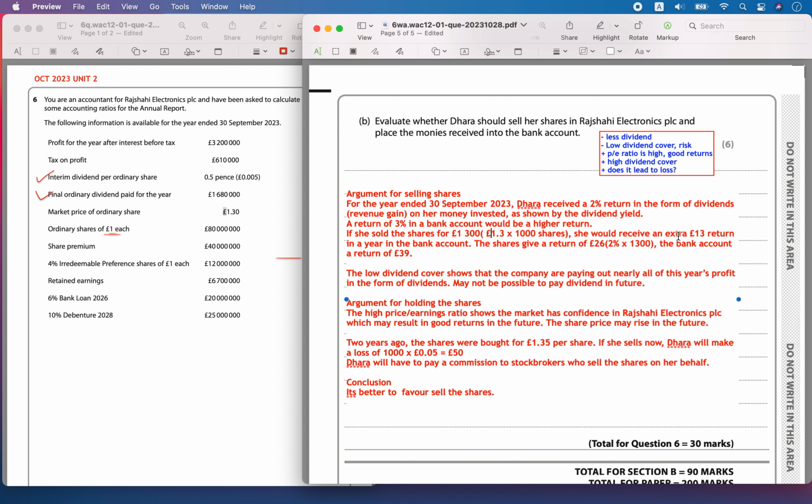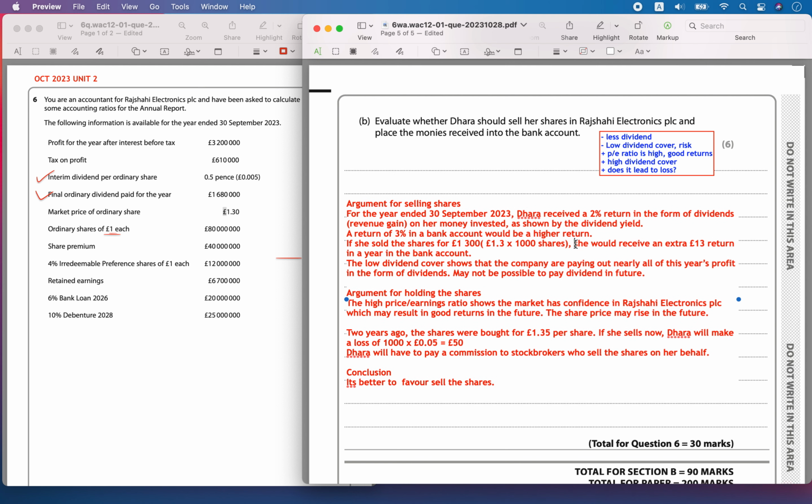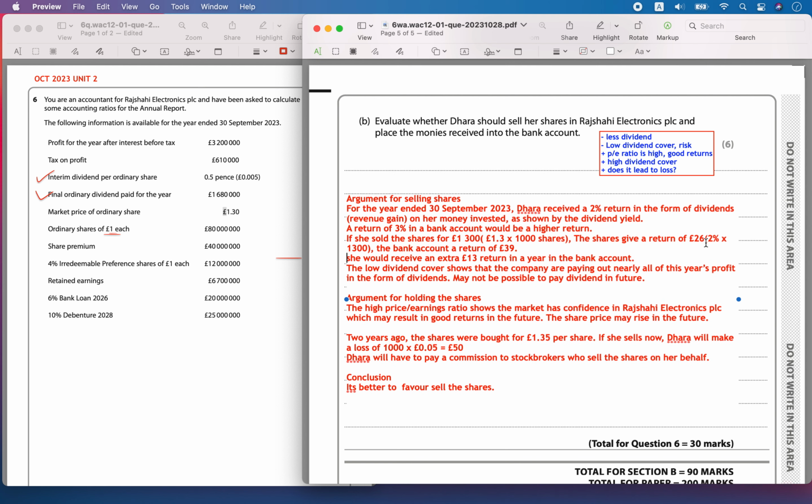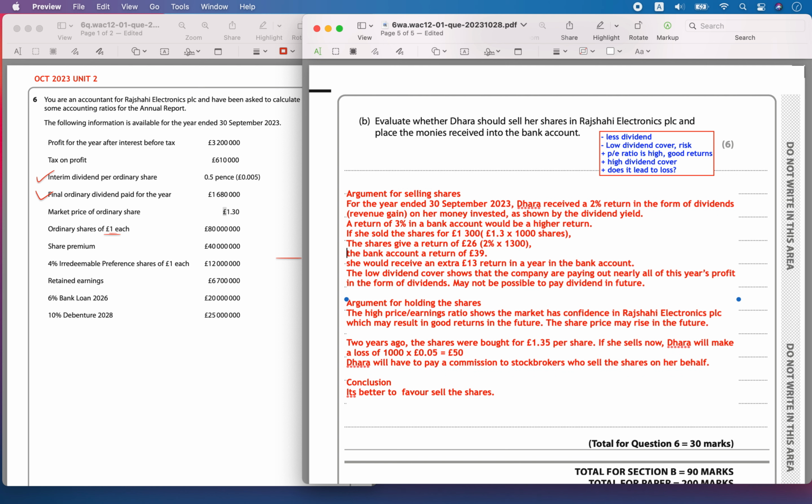Now she would get a return of an extra 1%. The share is going to give her a return of 26 pounds, which is 2% of 1300, whereas the bank is going to give her a return of 39 pounds.